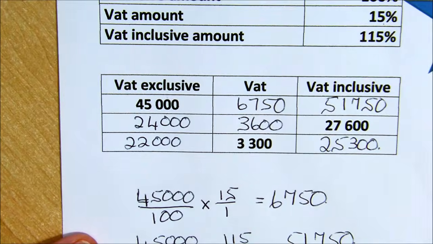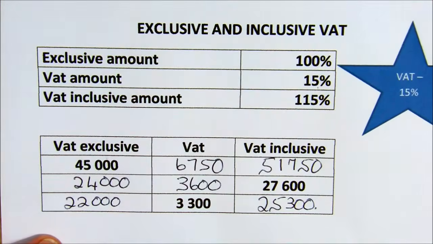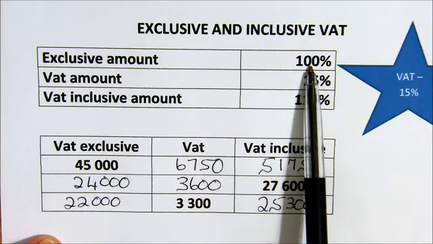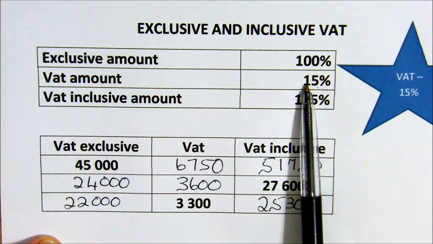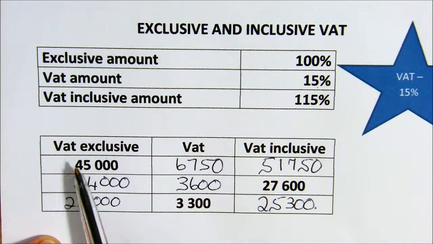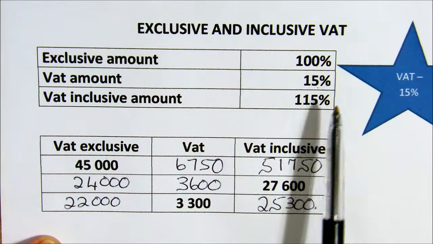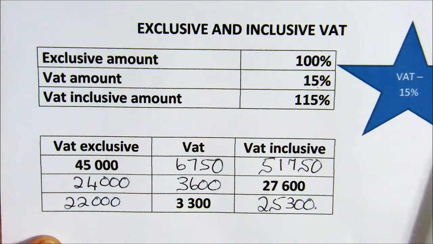Right, learners, very short lesson, but what is very important, you must read very carefully the amount that you're given, whether it's the exclusive, which is equal to 100%, the VAT amount, which is 15, or the inclusive amount, which is 115. And whatever figure you're given, you divide by the respective percentage and times by what you're trying to find out.